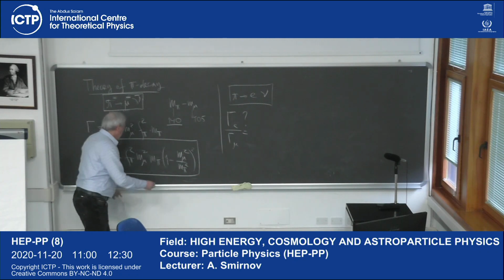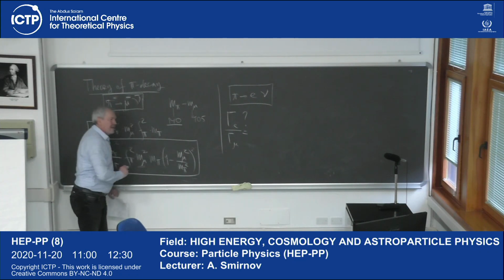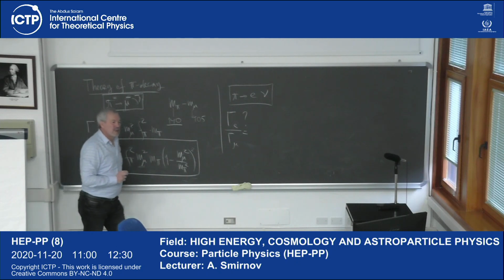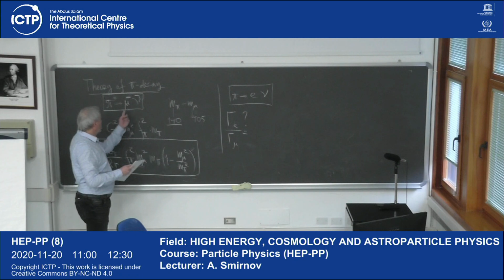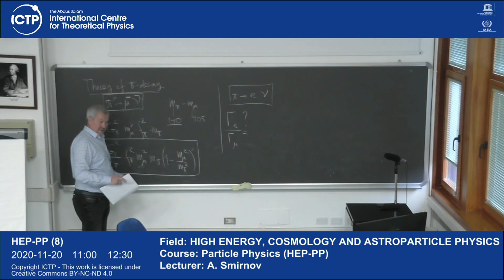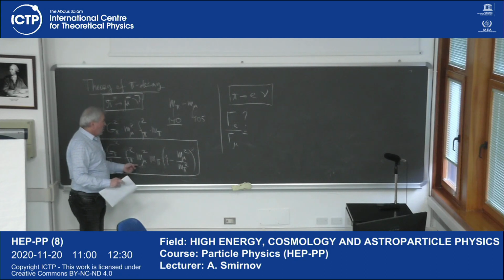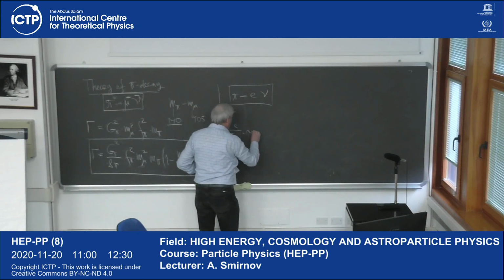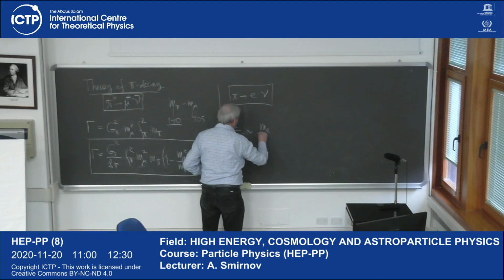Okay, you see this factor. It turns out that the rate is proportional to the mass of the charged lepton, which appears in this decay, squared. So for electron, I need to put here the mass of the electron. Then in first approximation, this should be proportional to the mass of the electron over the mass of the muon squared.